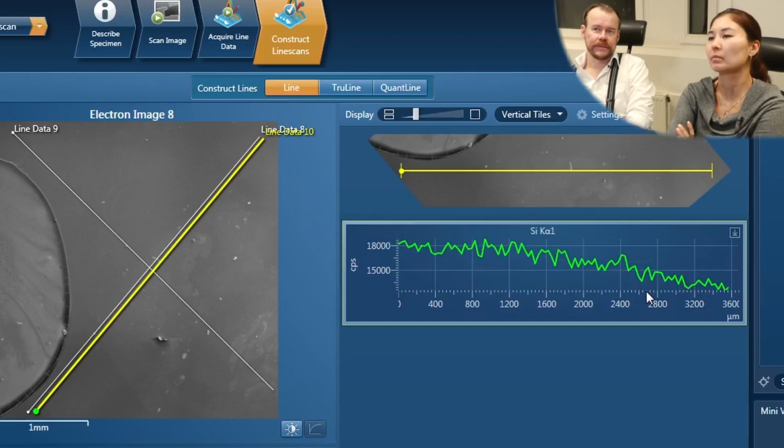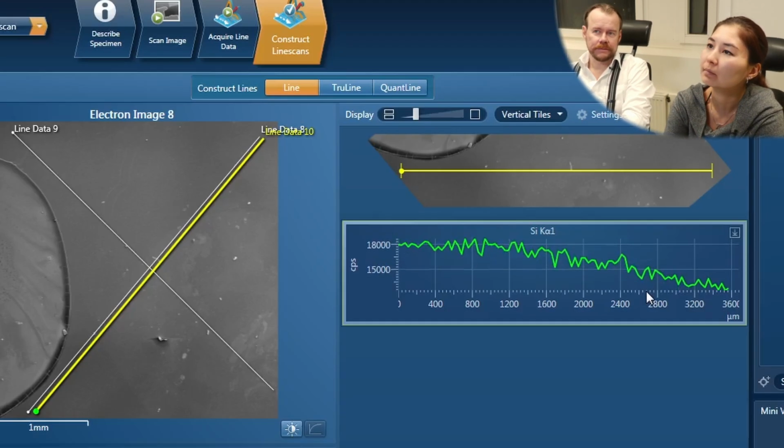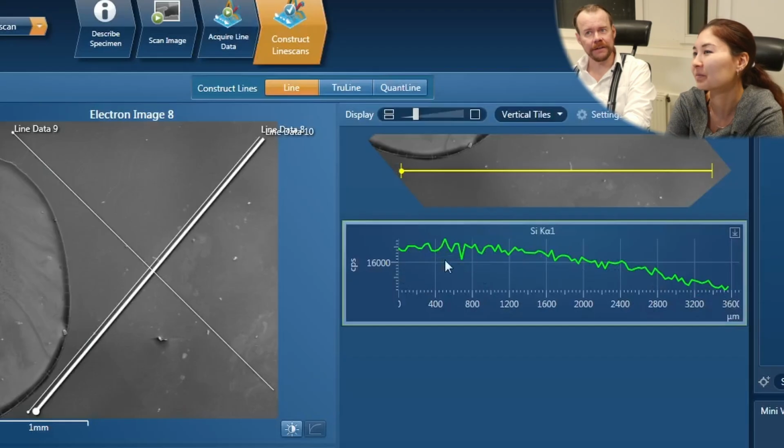So, what shall I say? The geometry effect of the detector being too close and you having too long a scan line is reduced. We still have signal over the whole scan, but it still sort of bends down.